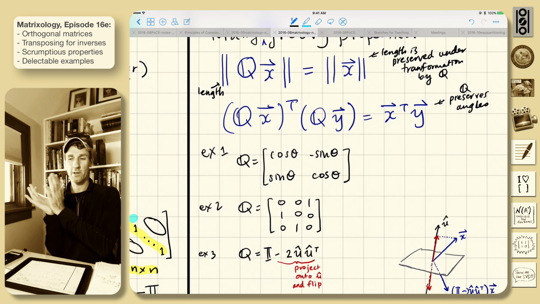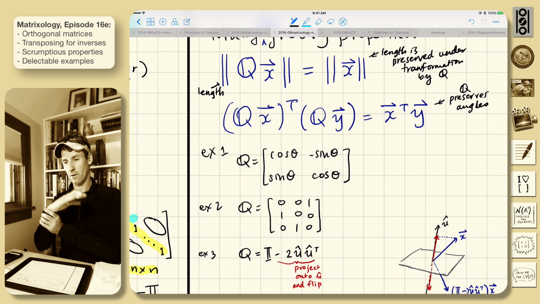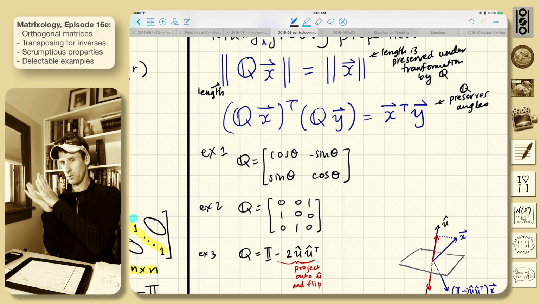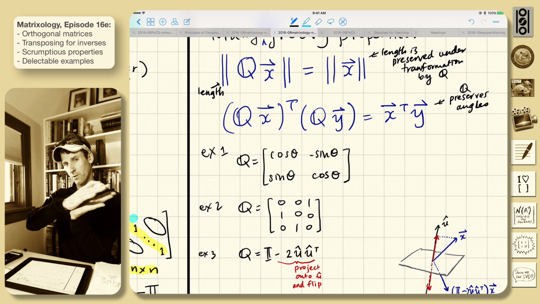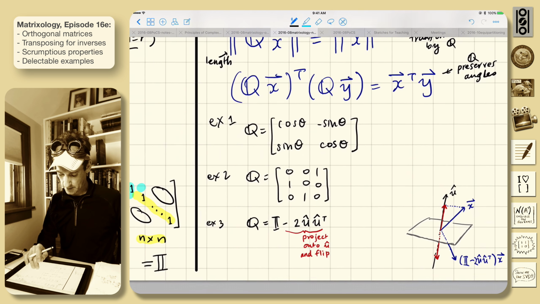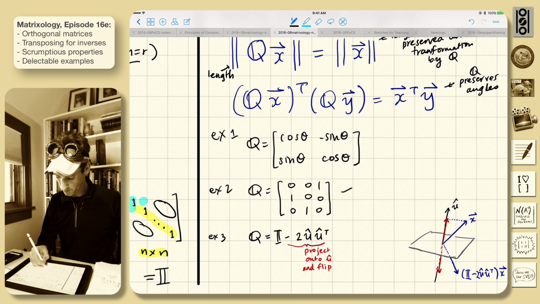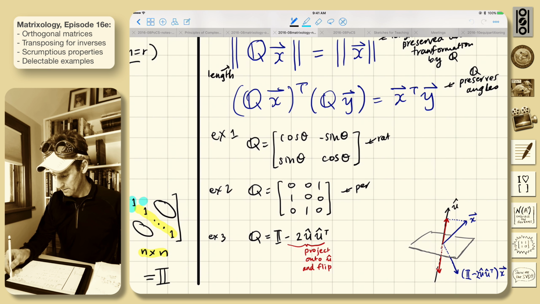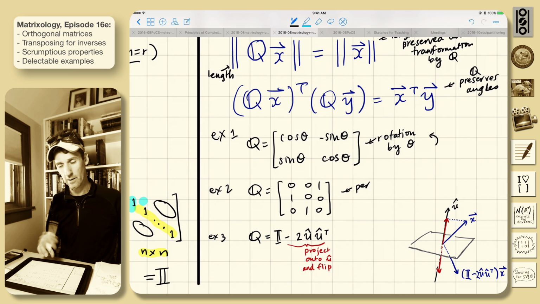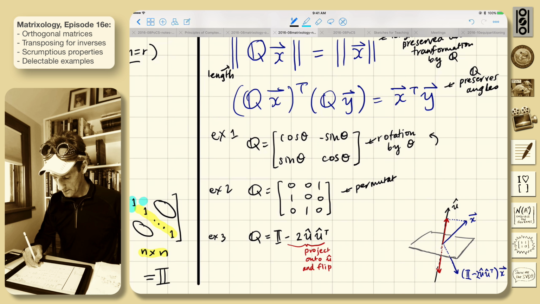Rotation is good. The length doesn't change if we've just got one vector. If we've got two vectors, the angle between them doesn't change as we rotate around. So a couple of examples. This is rotation by theta in a positive direction. This is a permutation.